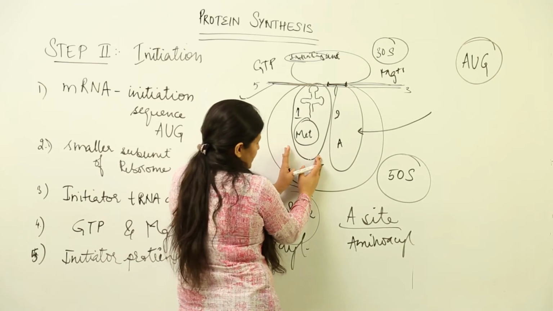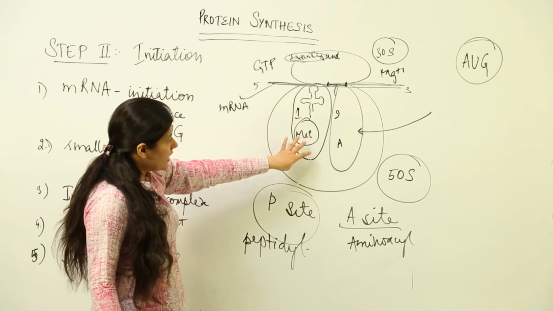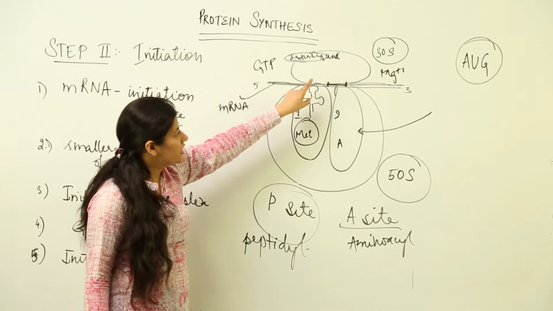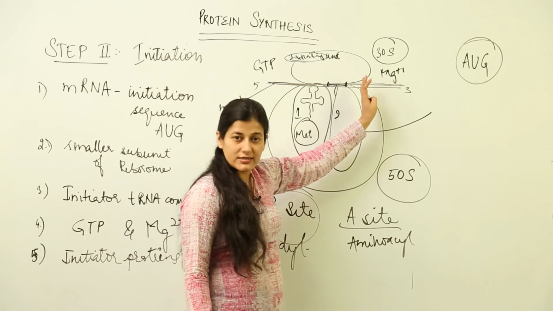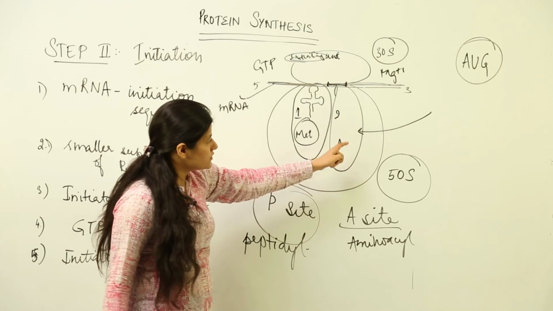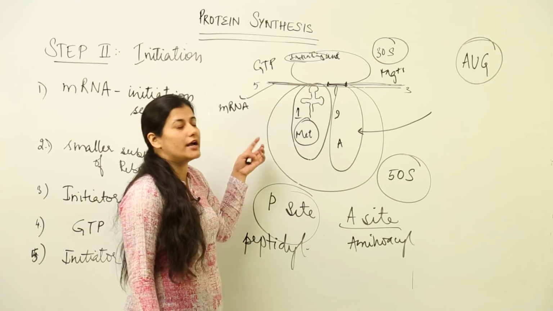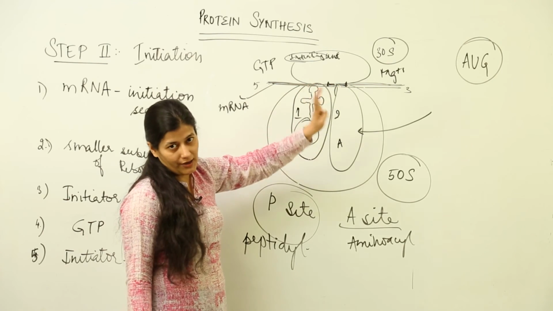So, we have P site, we have A site. The first initiator tRNA, of course, comes at the P site, it reads AUG sequence. When it comes, the 50S also comes and joins. It is having 2 sites, and now the second site is ready to take up the next tRNA according to the sequence that is present on mRNA. I hope I am clear.